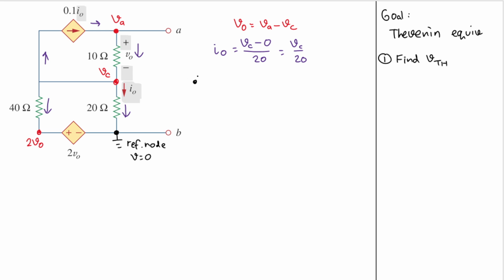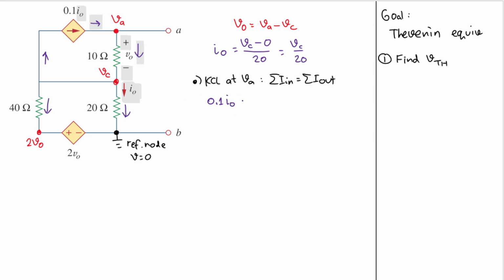Good. Now let's do KCL at node VA first. And what does KCL say? KCL says that the sum of the currents going in equals the sum of the currents going out. There are only two currents involved at VA, this one and that one here. The current going in is 0.1 IO.